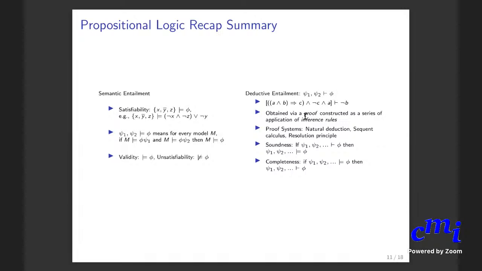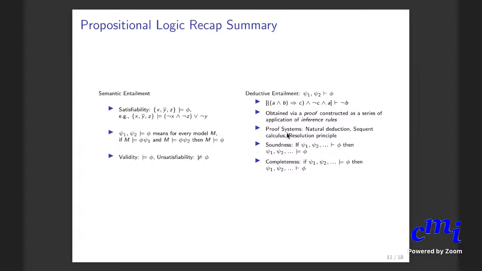And obviously that can be checked using semantic entailment too, but deductive entailment is deduced by constructing a proof as a sequence of applications of inference rules belonging to a proof system.